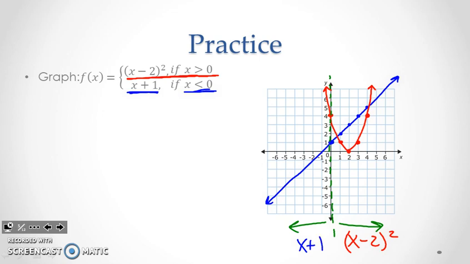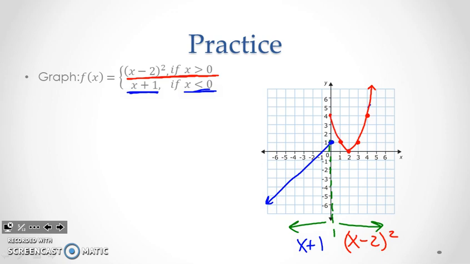So that means over here on the left side, I need to erase my parabola. And then on the right side, I need to leave my red, and I need to erase my blue part. I don't think I'm going to be able to erase this without erasing my parabola. Definitely not. So I'm going to have to redraw at this point here.